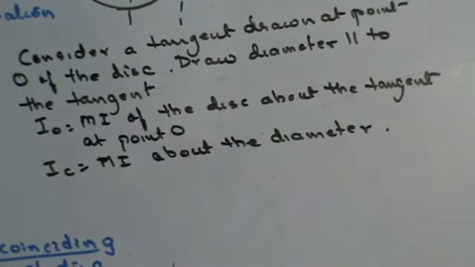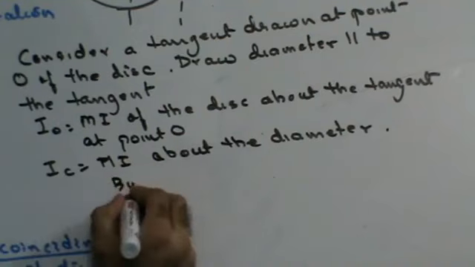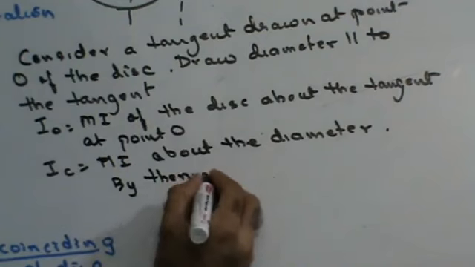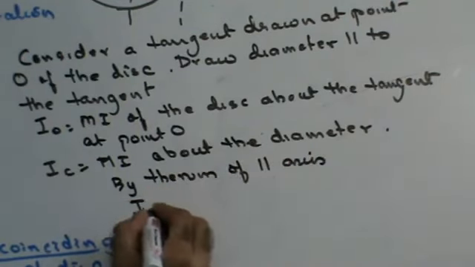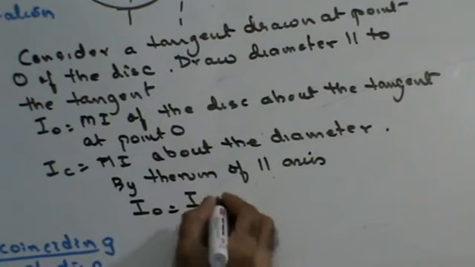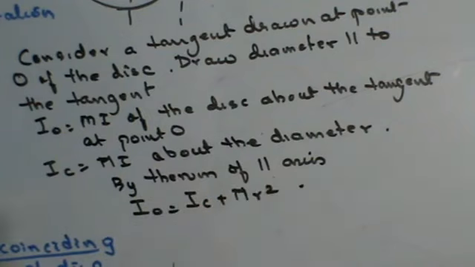Right? In which case I can say by theorem of parallel axis, IO is equal to IC plus MR square.